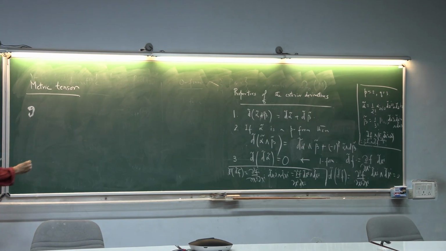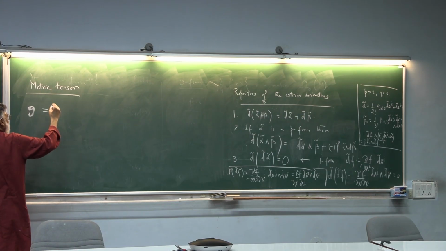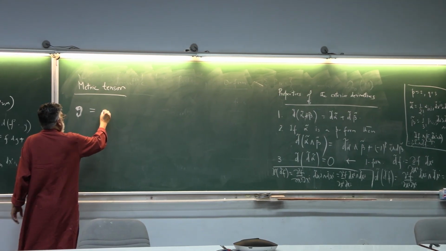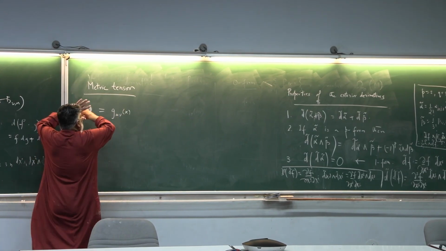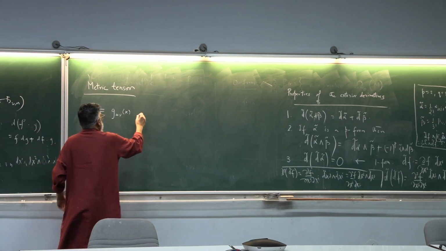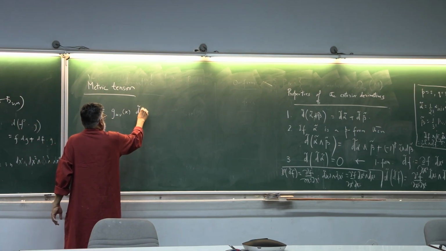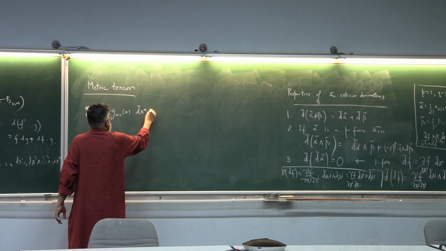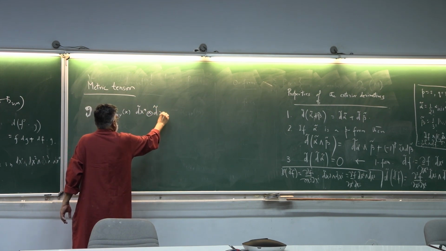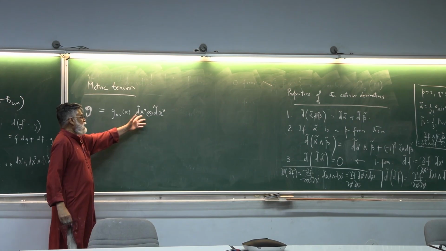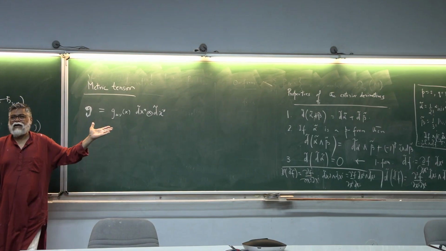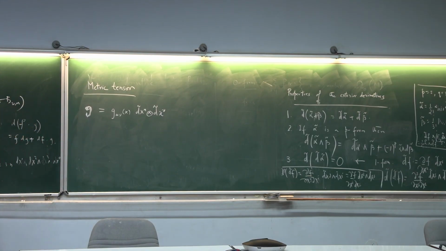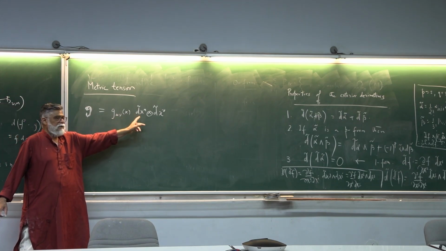So metric G, with mu nu indices, is G mu nu, and we are now talking about fields, defined all over the manifold, times dx mu one form tensor product dx nu. Because the tensor product is symmetric and mu nu is summed over, only the symmetric part of G mu nu is important. Any antisymmetric part would have become 0.